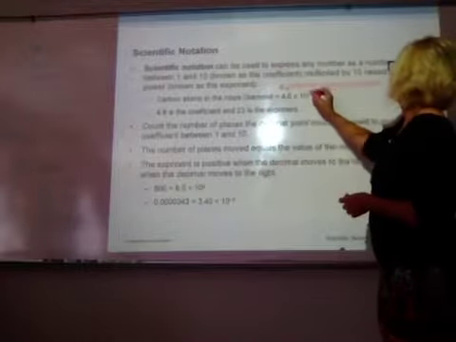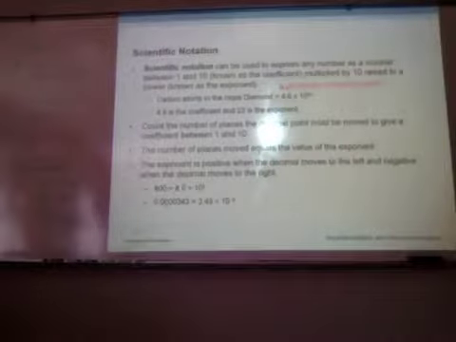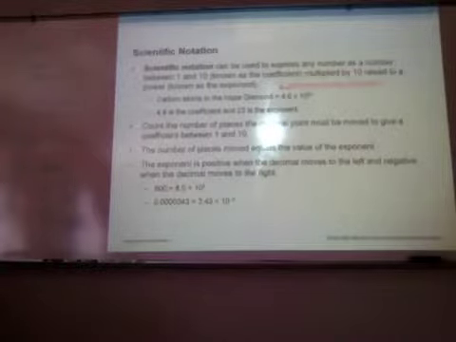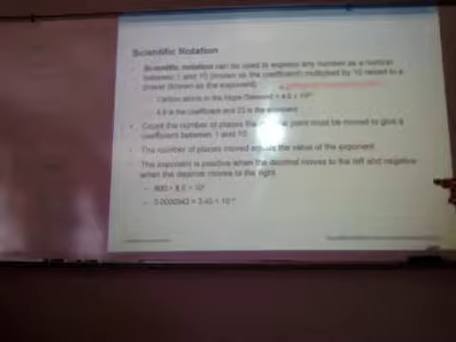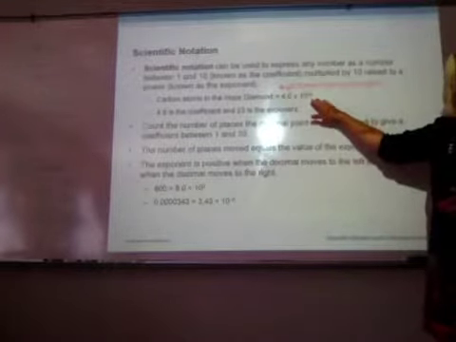Do you really want to write that number out? No, I just wasted 10 seconds writing that number out. Where 4.6 times 10 to the 23rd is the exact same thing. So scientific notation takes huge numbers and makes them a lot easier to write out.